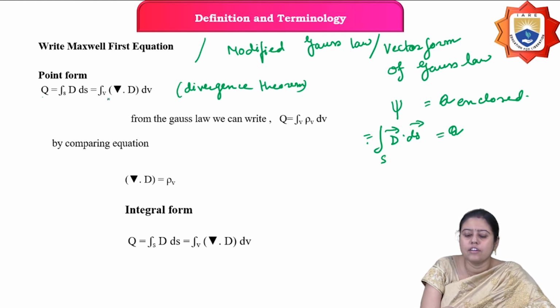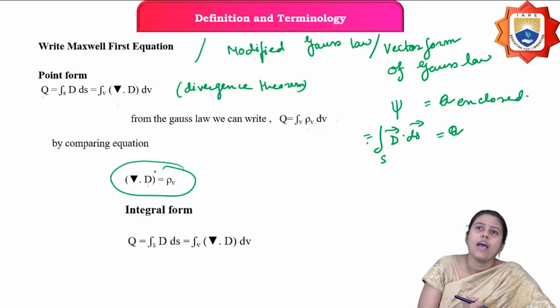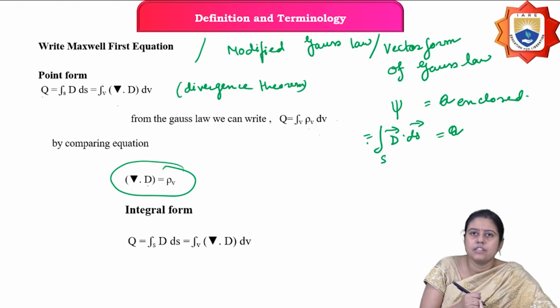The volume integral of grad dot D dv is equal to D dot ds. Again, we know from the previous slide Q is equal to the volume integral of rho v dv. If we equate these two, we get grad dot D is equal to rho v, and this is Maxwell's first equation.